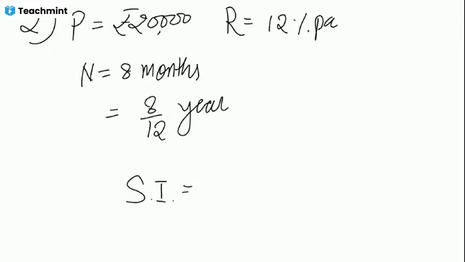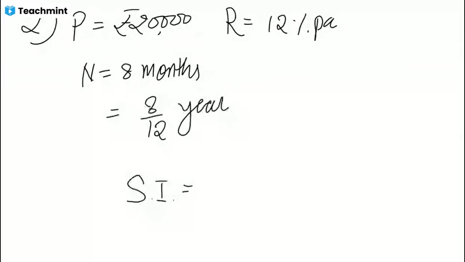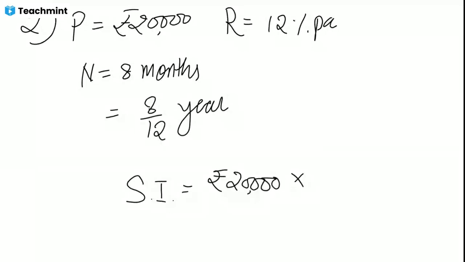I'm explaining you the next question. How would you simplify this 8 over 12? See, as I'm telling you, it is into 8 over 12 into 12 and over 100.